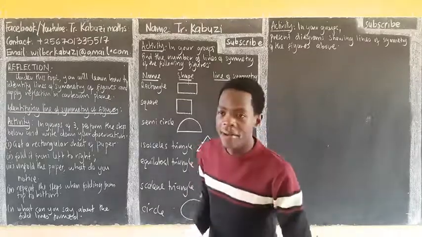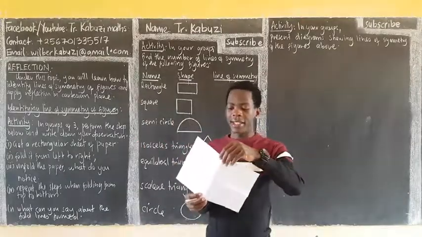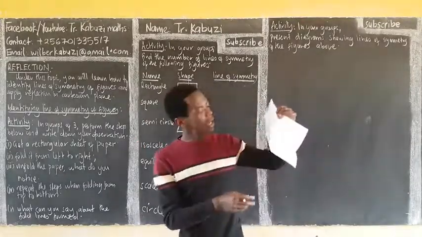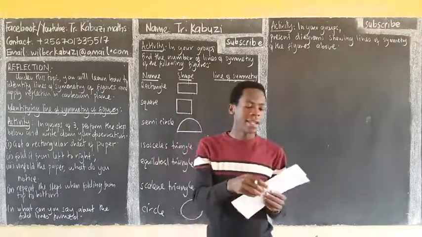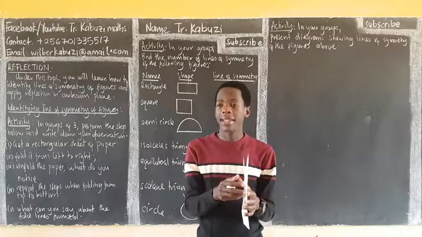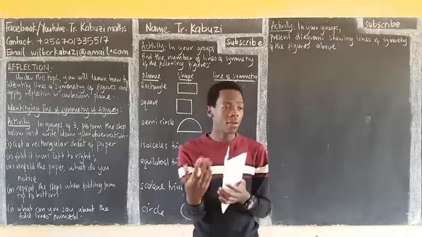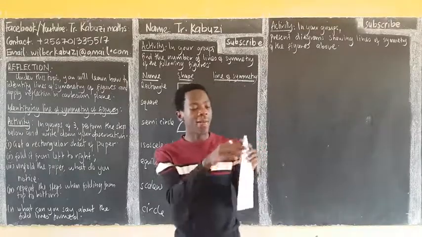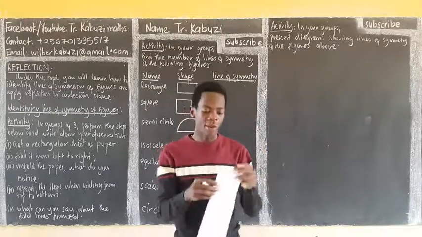Okay, what do you notice? From top to bottom, now I'm seeing I've created another line. So when I create this line, what do I notice? Are these two also equal? Yes, so this one becomes also a line of symmetry.